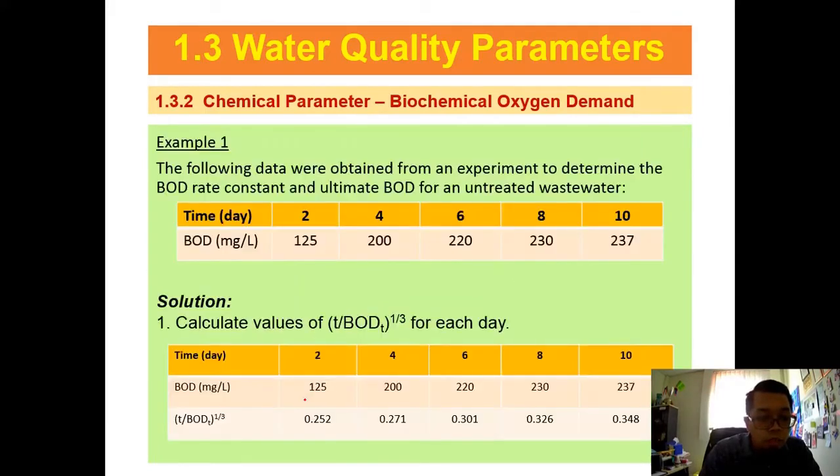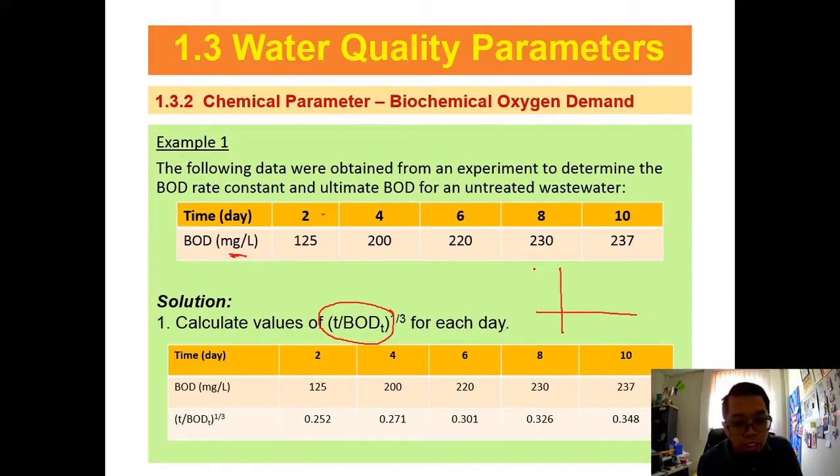Okay, let's say we do some example. So you have this data, 2, 4, 6 and 10 days for the BOD. So compute for the (t over BOD) to the power of 1/3, because you want to plot the linear line, the straight line, against t.